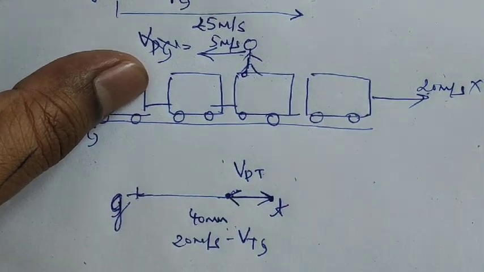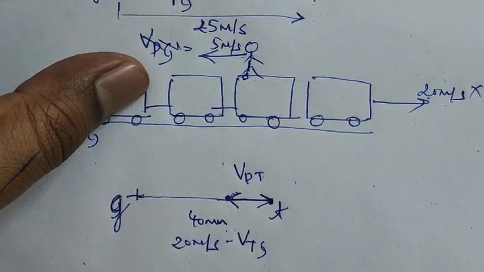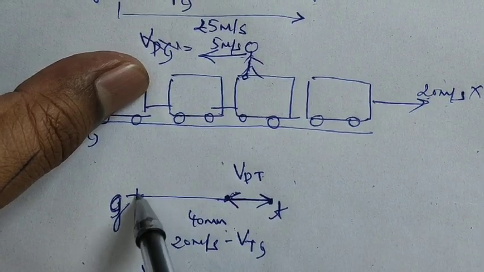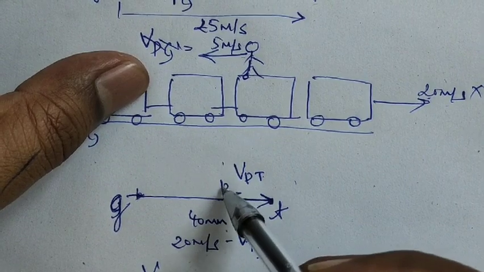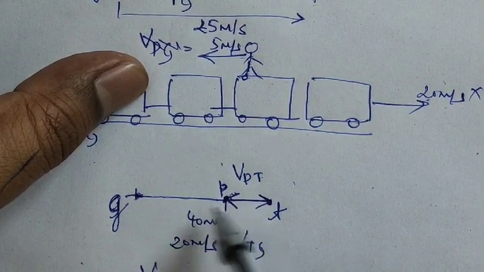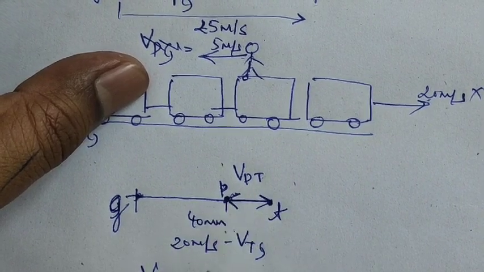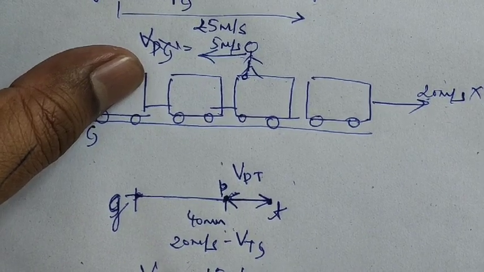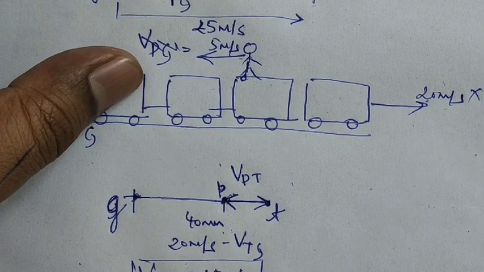So the final ending point of the arrow is this, and if you want the velocity of the person with respect to ground, you should now measure the distance between this ground and the person. This is the point where it is the velocity of the person. So measuring this, you can understand that out of 20, 5 is gone. So the velocity of the person with respect to ground is 15 meters per second. Okay, in the earlier case it was 25 meters per second.